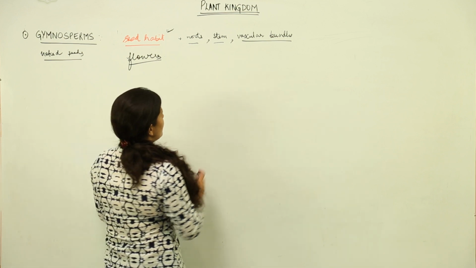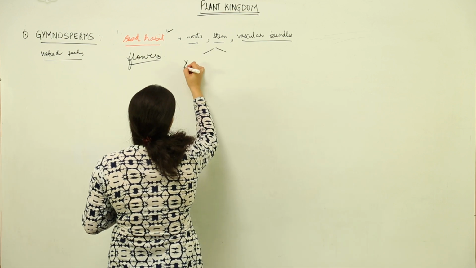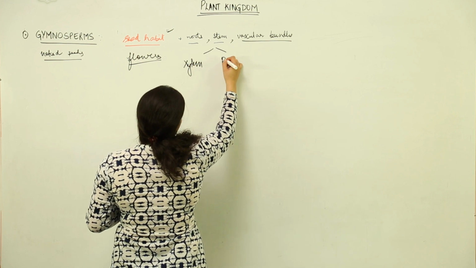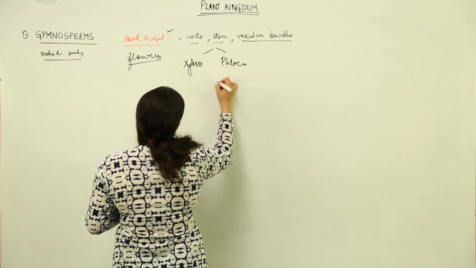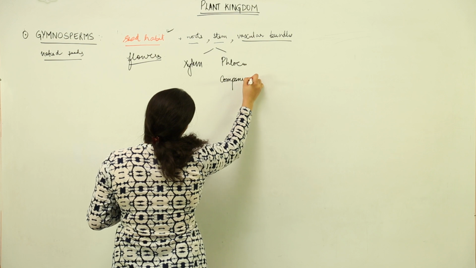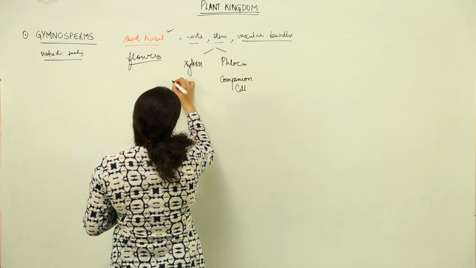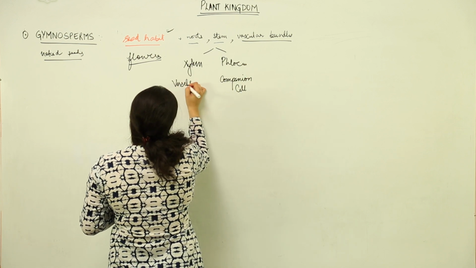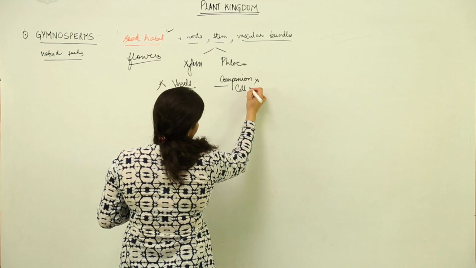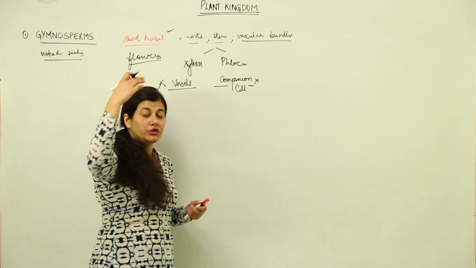One thing you have to remember, that this stem has both xylem and phloem apart from other tissues, and the phloem is devoid of companion cells while the xylem is devoid of vessels, and this shortcoming enables them to conduct water to great heights.